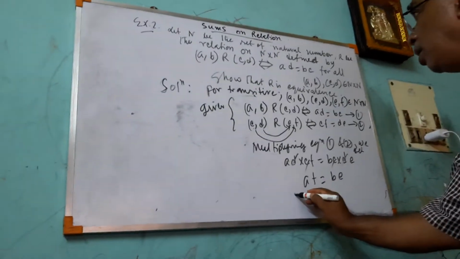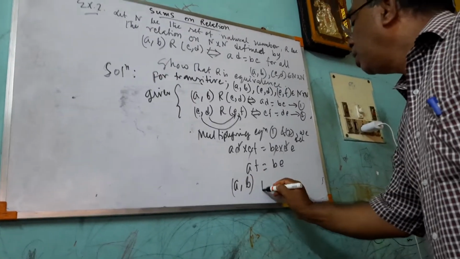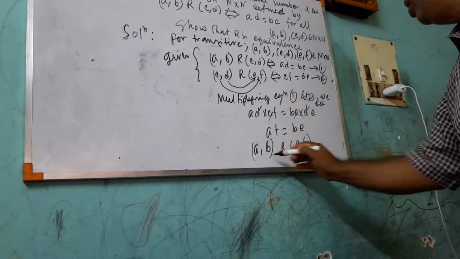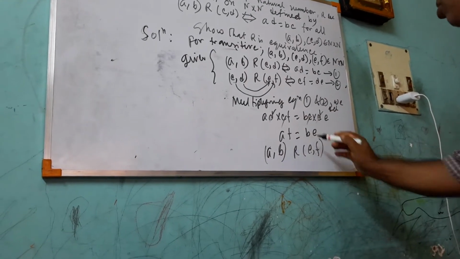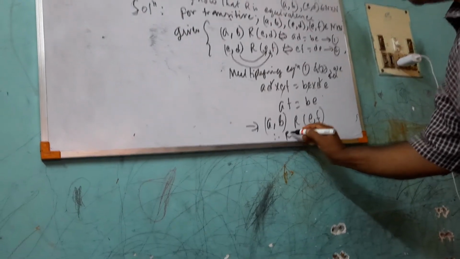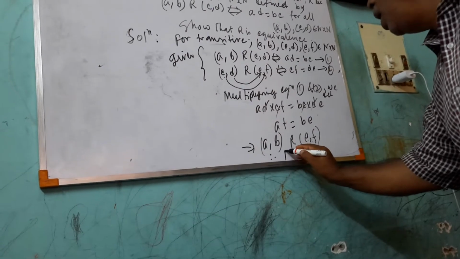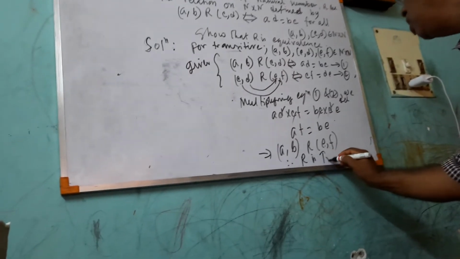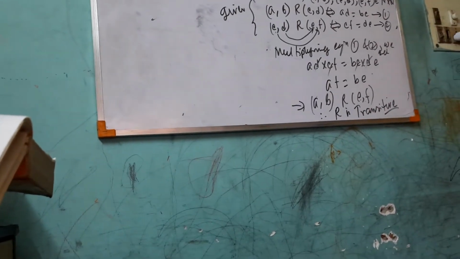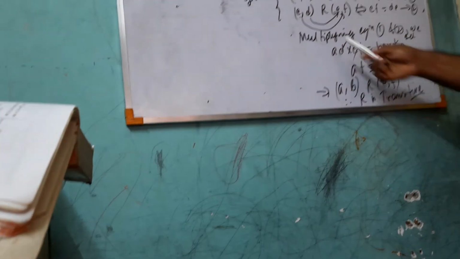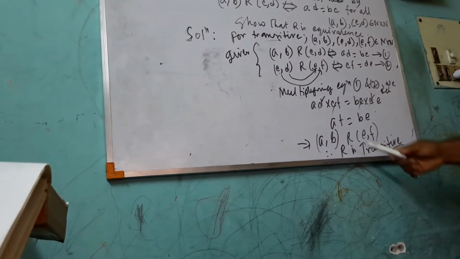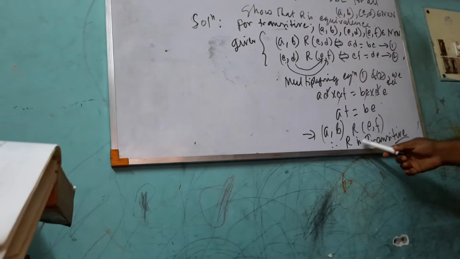So this means that (a,b) R (e,f), that means according to the rule AF equal to BE. So R is transitive. That means (a,b) R (c,d) given, (c,d) R (e,f) given, and from 1 and 2 we are proving (a,b) R (e,f). So we can say R is transitive.